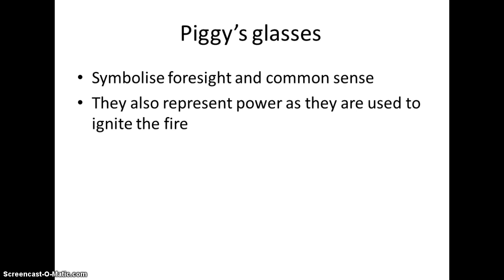We allow William Golding some poetic license, because you can't create fire with lenses from glasses, but we allow him that poetic license because he's trying to make a point. He's showing that the glasses can be used to create fire, which is a symbol of power.